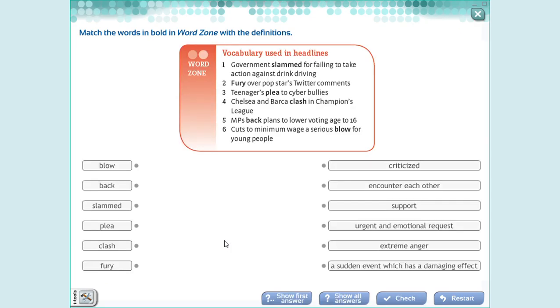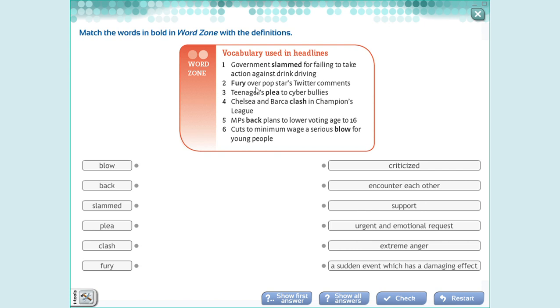So let's go here, and you're going to take the answers for number 6 and number 7. It says vocabulary used in headlines. We have number 1, government slammed for failing to take action against drink driving.